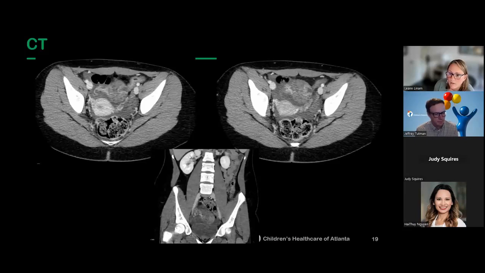And here's a case of a torsion on CT, and you can see here's the enhancing uterus, and here is the left ovary, actually it's the right ovary, sorry, here's the left ovary over here. The right ovary is displaced, and you can nicely see this twist in the tube as it goes to the ovary. So this was an ovarian torsion.